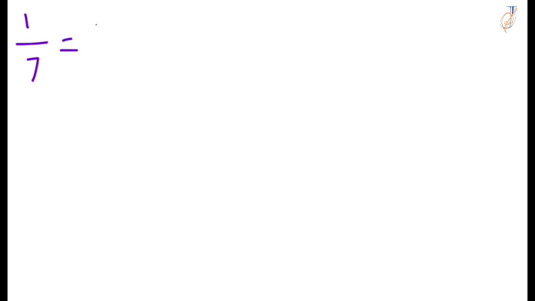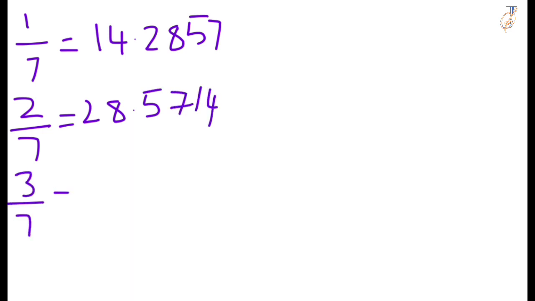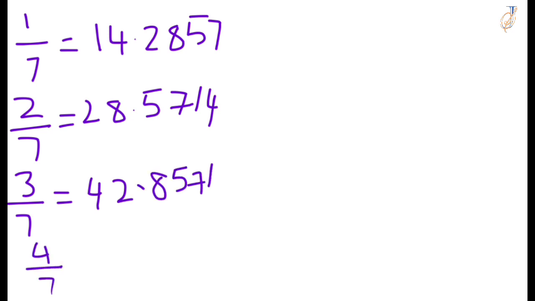1 by 7 is equal to 14.2857. Then 2 by 7 is equal to 28.5714. Then 3 by 7 is equal to 42.8571. Then 4 by 7 is equal to 57.1428%.